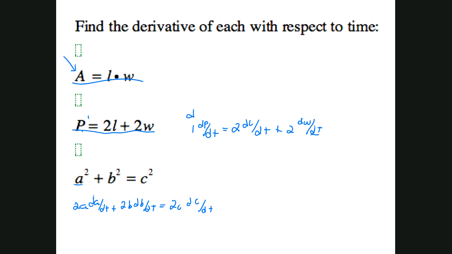Product rule. That's exactly right. We're going to have to use the product rule on this thing. So if I take the derivative here, the derivative of A, that's not a big deal. That's dA dt. However, when I take the derivative of L times W, I'm going to have to go over here and say, okay, U is equal to L, U prime is equal to dL dt, V is equal to W, and V prime is equal to dW dt.